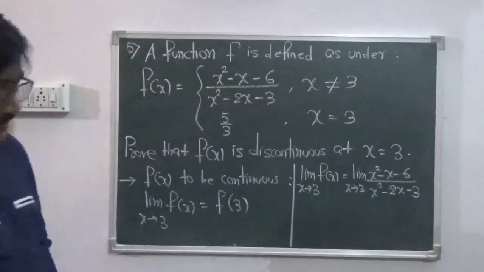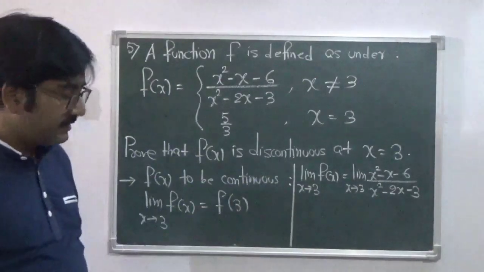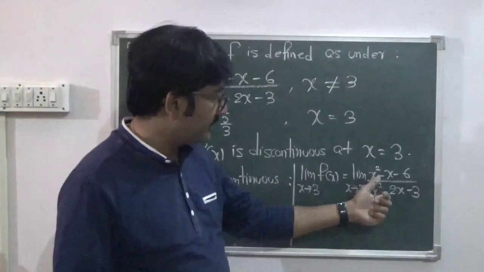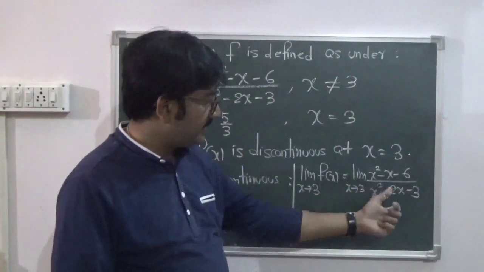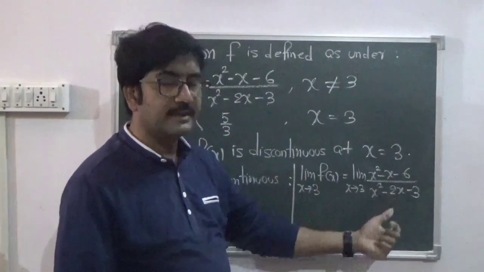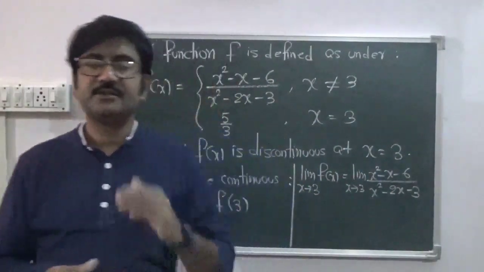Now if we put the value of x as 3, what will we get? It is 9 minus 3 is 6, minus 6 is 0; 9 minus 6 is 3, minus 3 is 0. Again this is coming in the indeterminate form, that is 0 by 0 form.